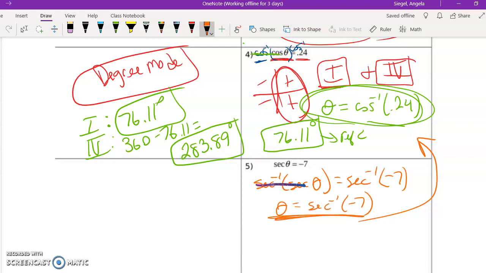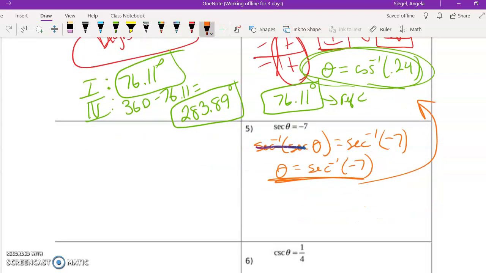But what I want you to feel comfortable seeing is that this is the same thing as cosine inverse equals -1/7. Okay, I'm going to tell you a trick that I do. I never include the negatives because that's going to throw you into different quadrants. This isn't a math thing, but personally what I do is I'll just take the cosine inverse of 1/7 because that will give you that reference angle.